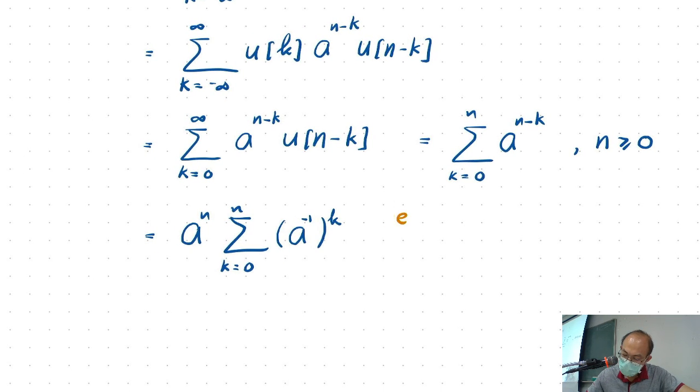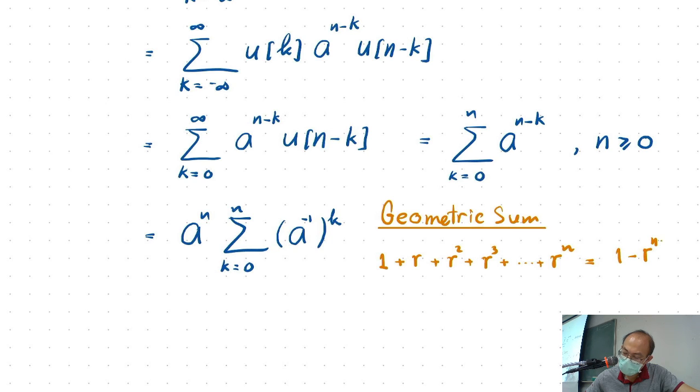Now, I'd like for you to recall the geometric sum. The geometric sum says that if I have 1 plus r plus r squared plus r cubed plus blah blah blah plus r to the n, if I add them all, n plus one terms, I'm going to have 1 minus r to the n plus first over 1 minus r.